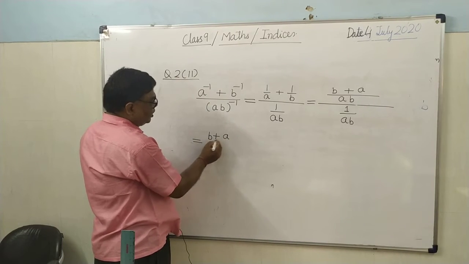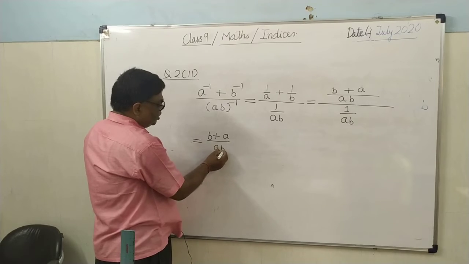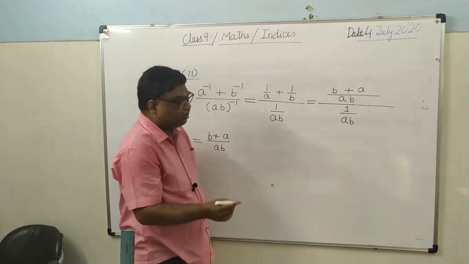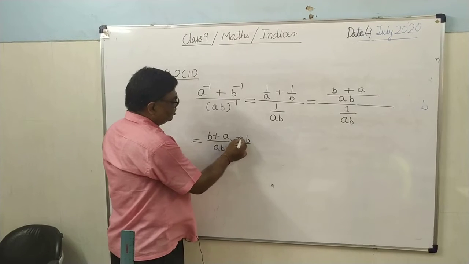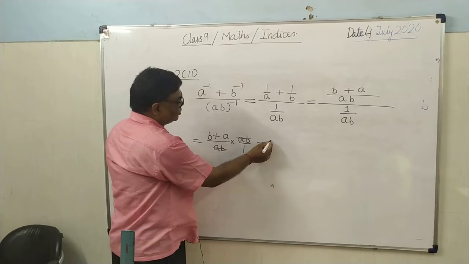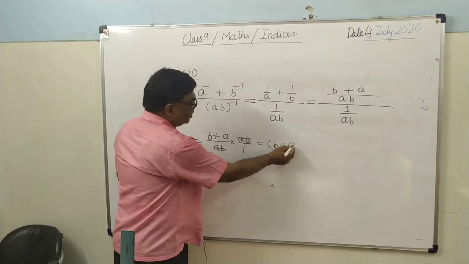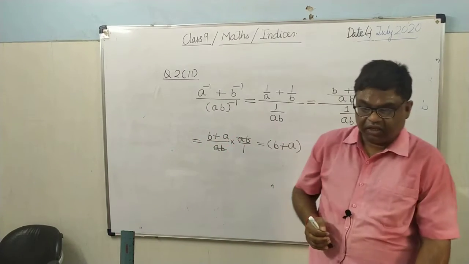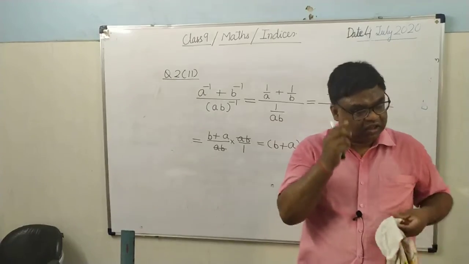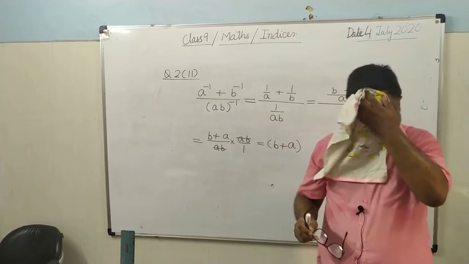So b plus a upon ab will invert and multiply, that is ab upon 1. So ab and ab cancel, and it will be b plus a. This point is clear.